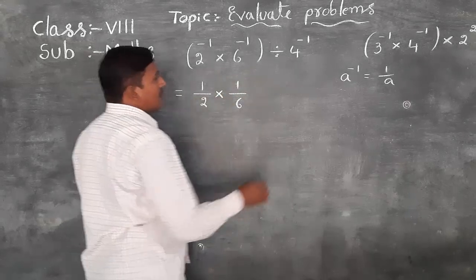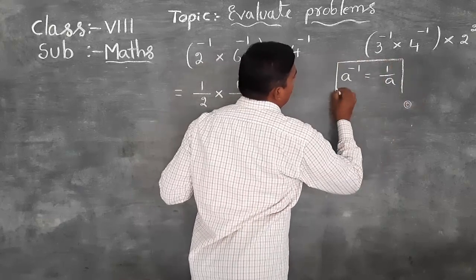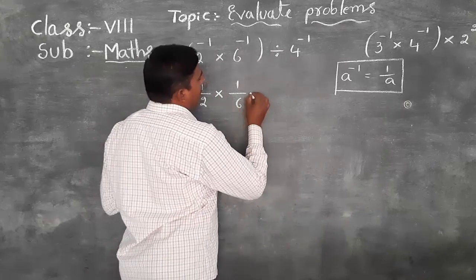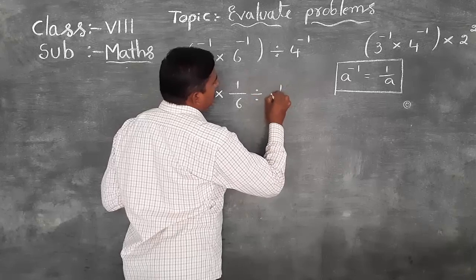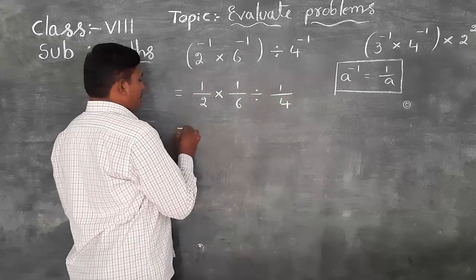Same formula only. A inverse is equal to 1 by A. Like that, divided by 4 inverse, 1 by 4.